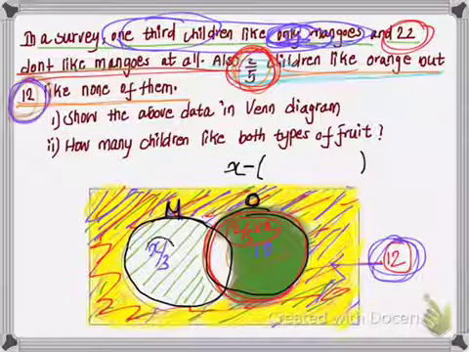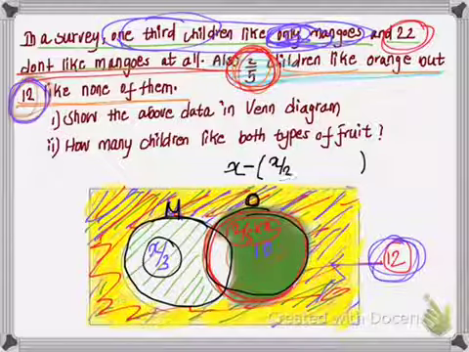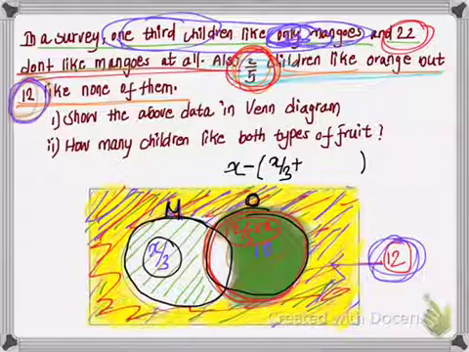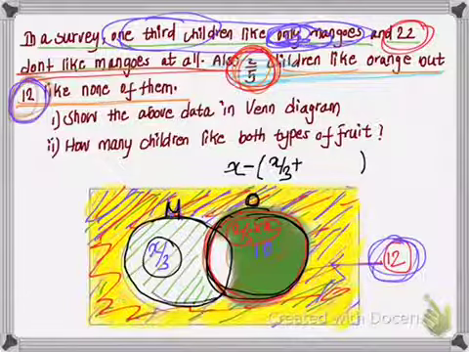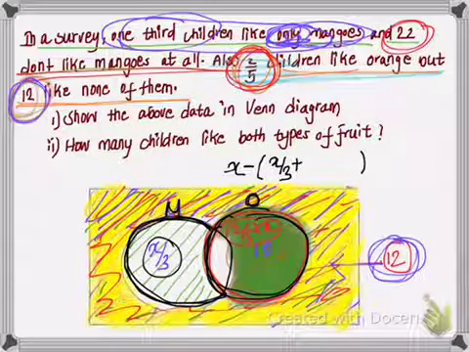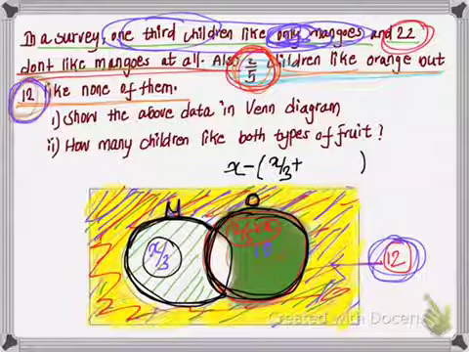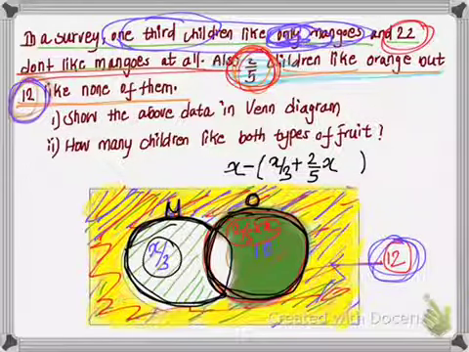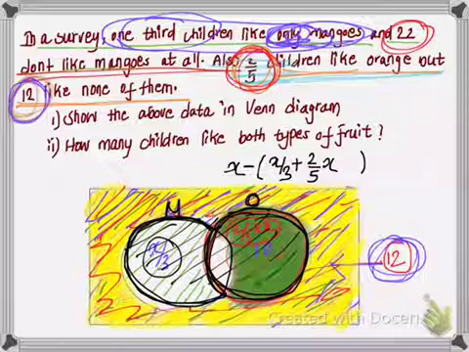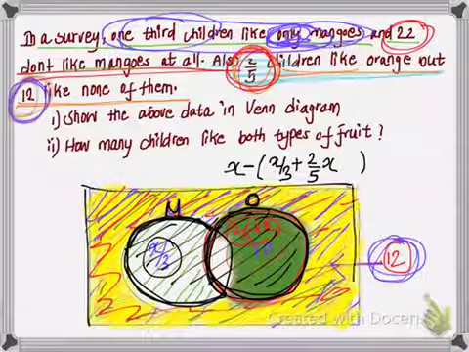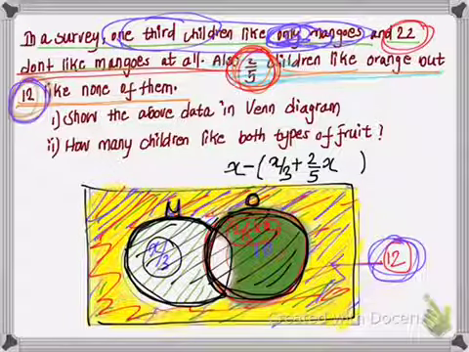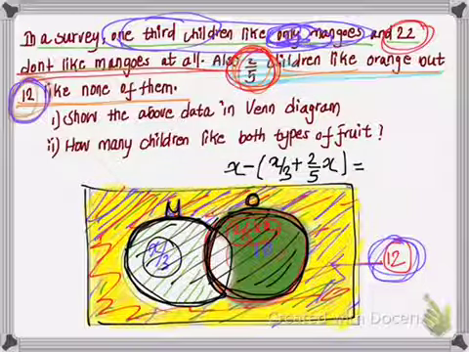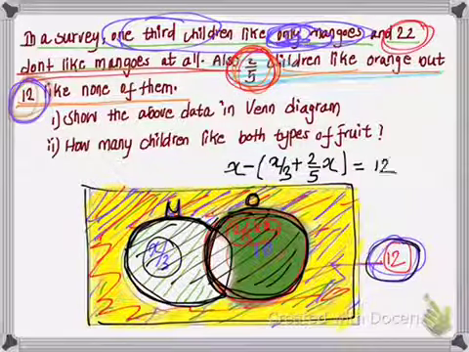The union of mango and oranges is x by 3 plus 2/5 x: the number of students who like only mangoes plus the number of students who like oranges. If we sum them, we get the union. So subtracting the union of these two circles from the total number of children surveyed, we get the number of children who don't like both mangoes and oranges, which is equal to 12.